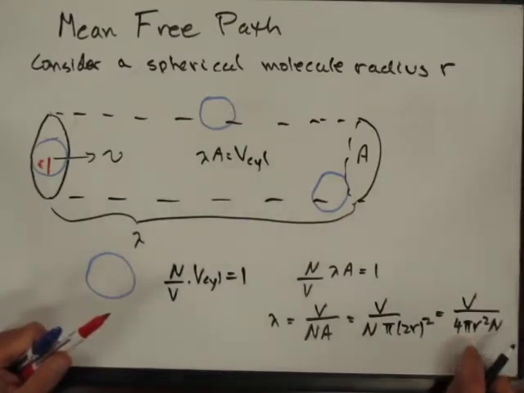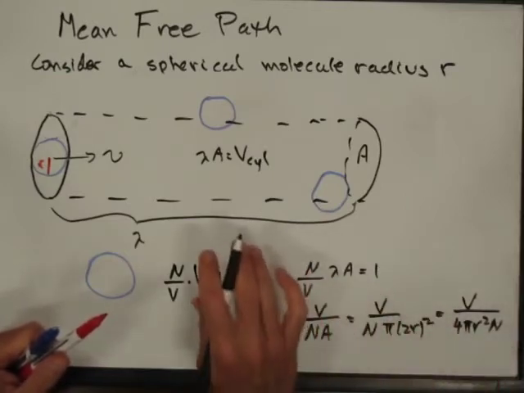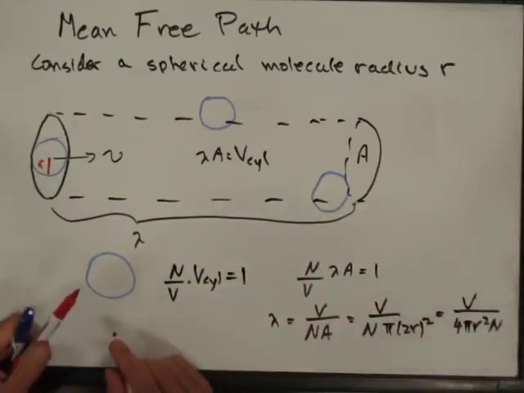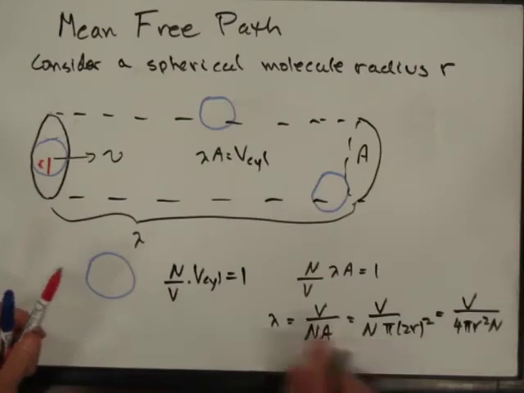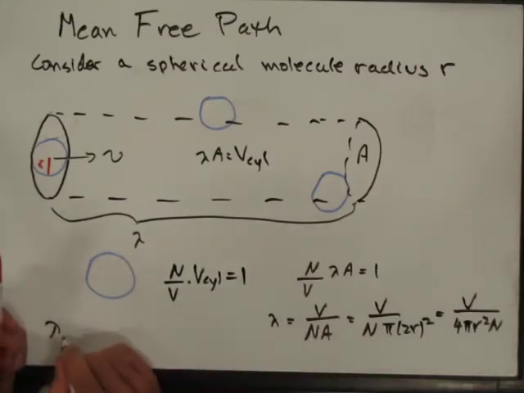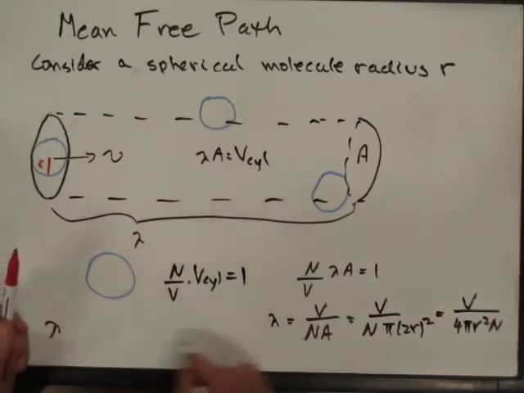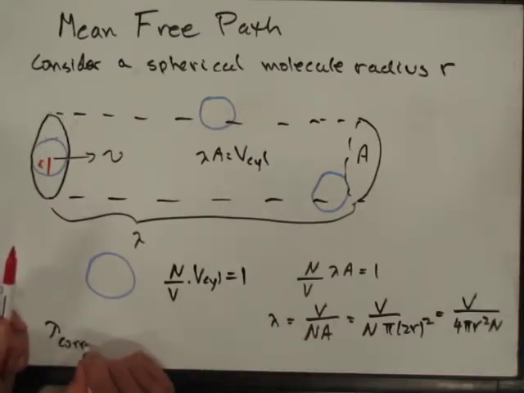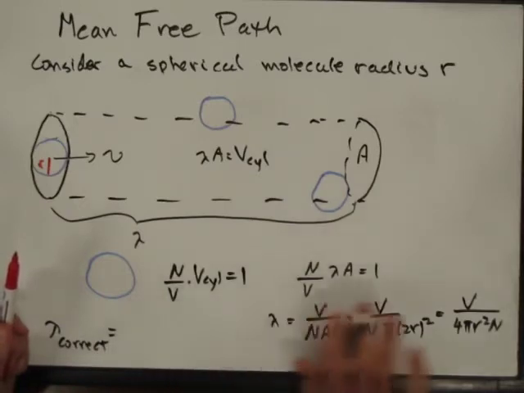It turns out that there's a subtlety here that has to do with these root mean squares we were talking about before, and this is not quite right. The actual value of lambda is off by a factor of the square root of 2, and so I'll say correct. And I'm just stating this.